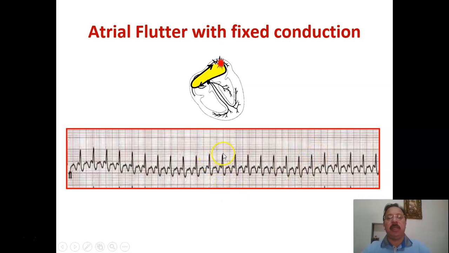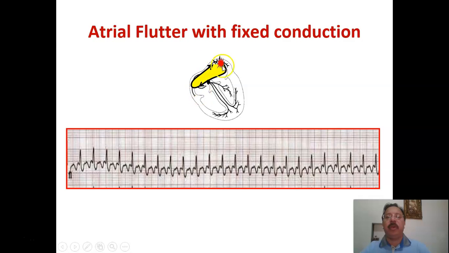So look here, the differential diagnosis is atrial flutter with 2-into-1 conduction. So the impulse moves 2 times in the atria and then goes down to the ventricles, and we'll get a heart rate or ventricular rate of 150. If it moves 3 times, we'll get 3-into-1 conduction, so it means a 100 heart rate, ventricular rate, and you may get 3 flutter waves.